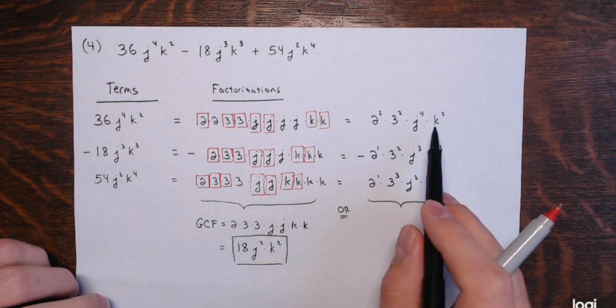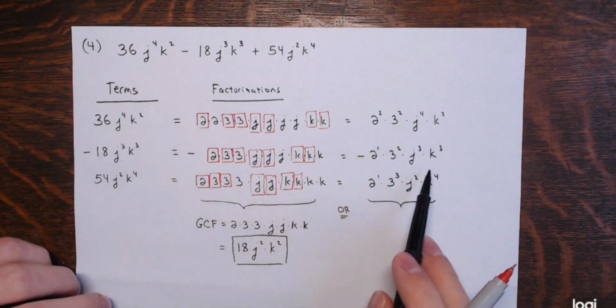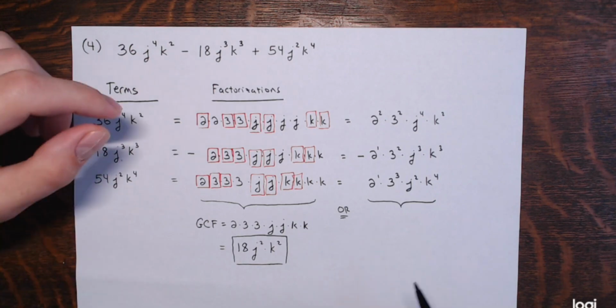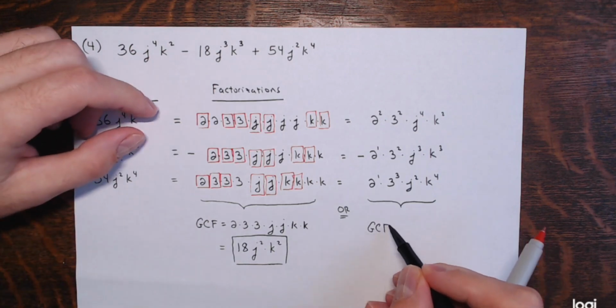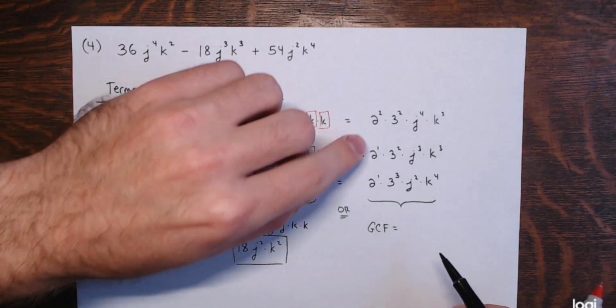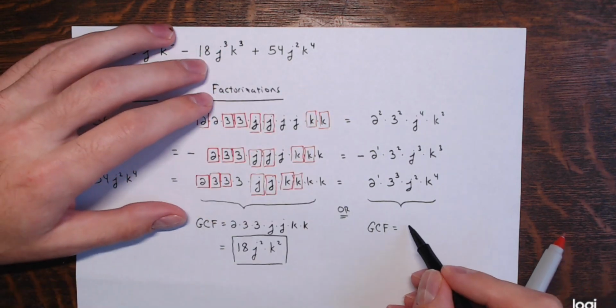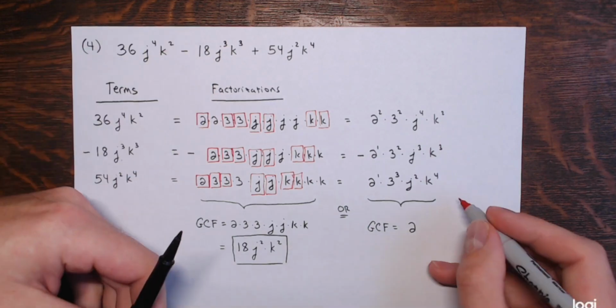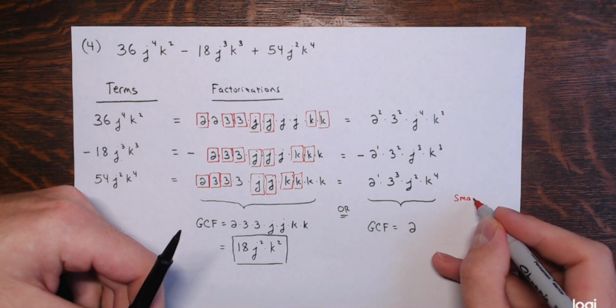If you wrote out their factorizations with their powers, with exponents, you could have found the greatest common factor this way. Right, you notice, every single one of these terms has some power of 2. So the greatest common factor is going to have a power of 2. And the power on that 2 is the smallest one.